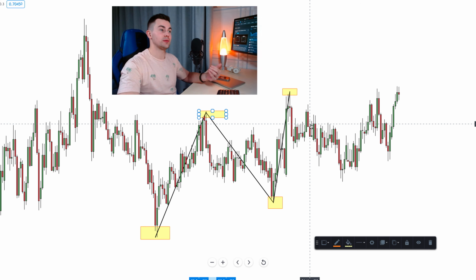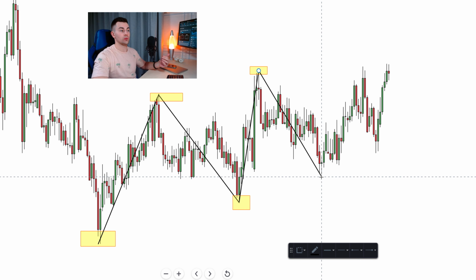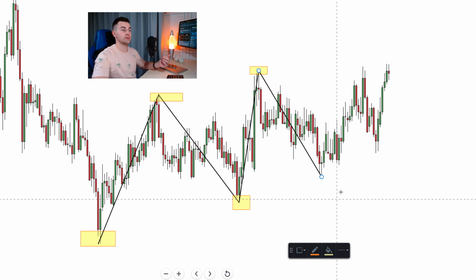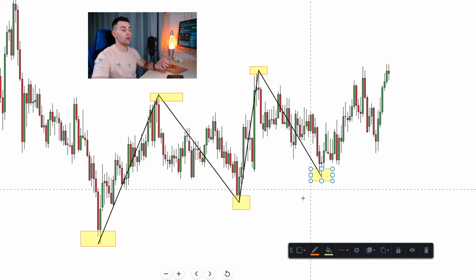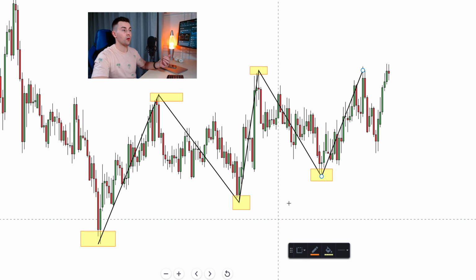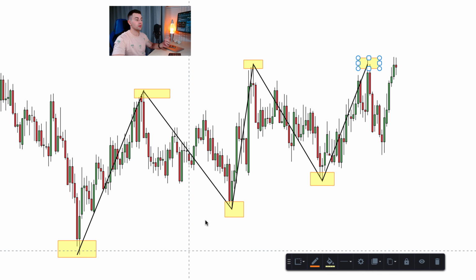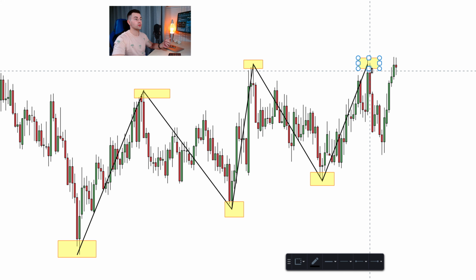However, what happened next? If we follow the price action, the price dropped again. We saw the retracement and the price managed to set a new higher low again, yes. And then we started to grow. But instead of setting a new high on a daily, we respected the same high. And we dropped again.